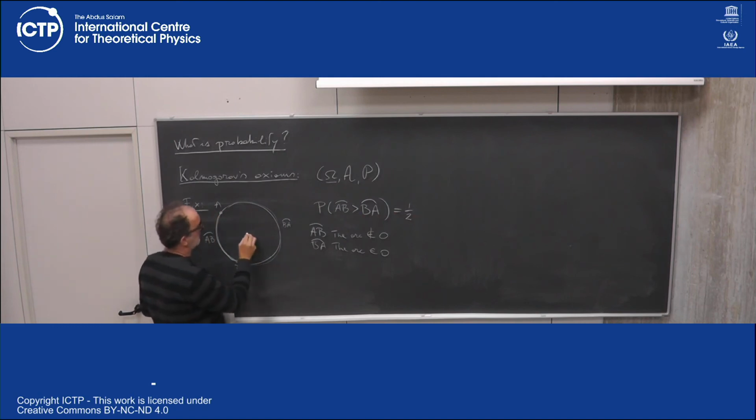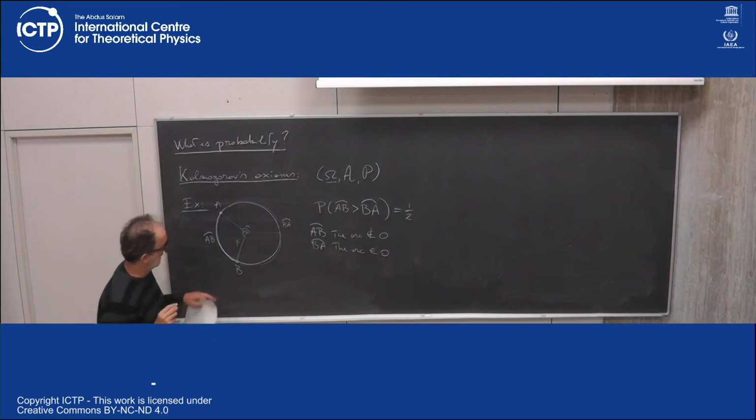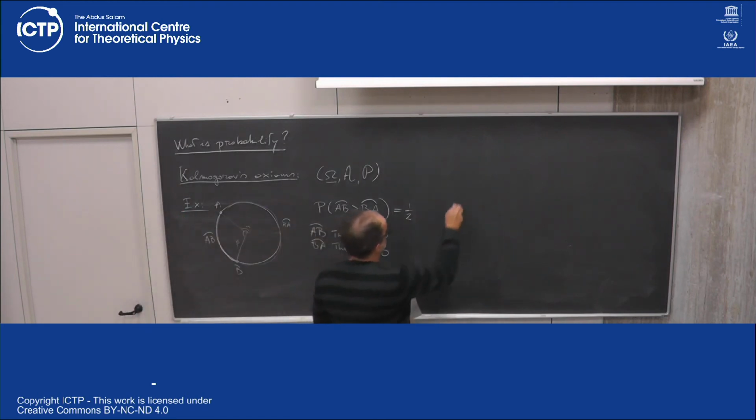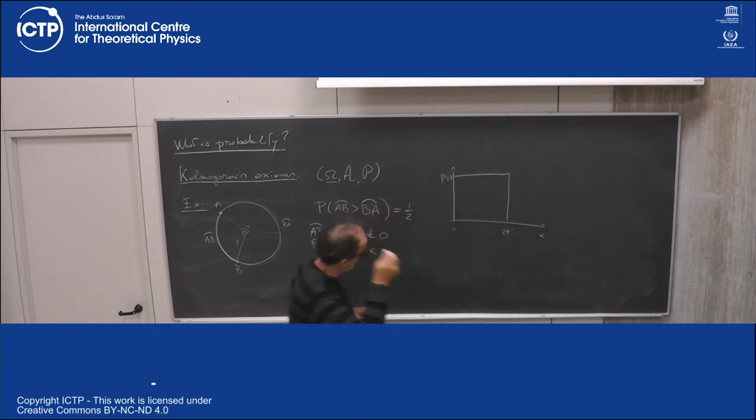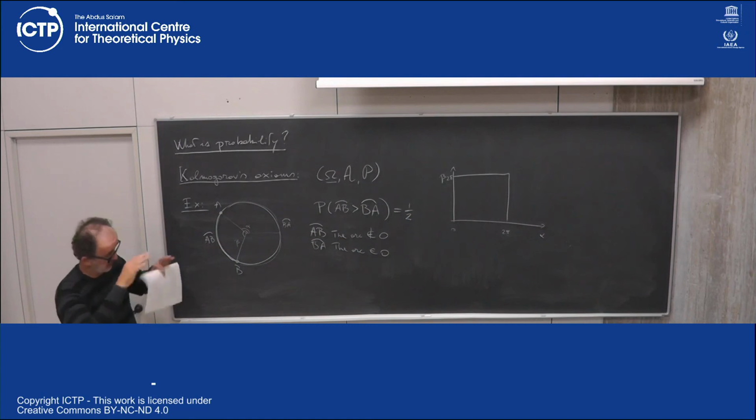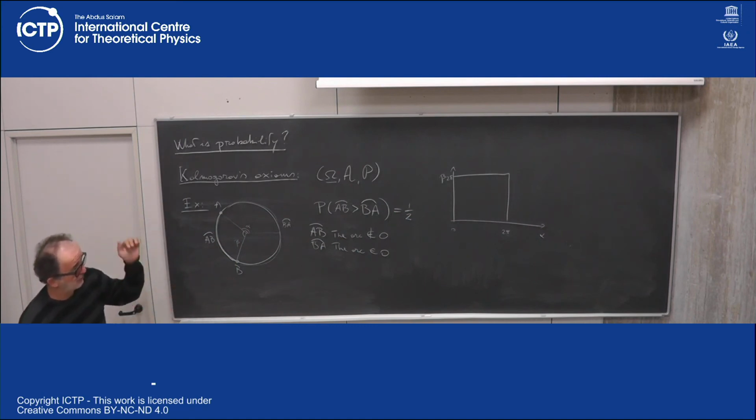And one way to define it is to say, let's define the angle alpha for A and the angle beta for B. Okay, and then this tells us that the sample space is actually the square from 0 to 2 pi for both alpha and beta, okay?